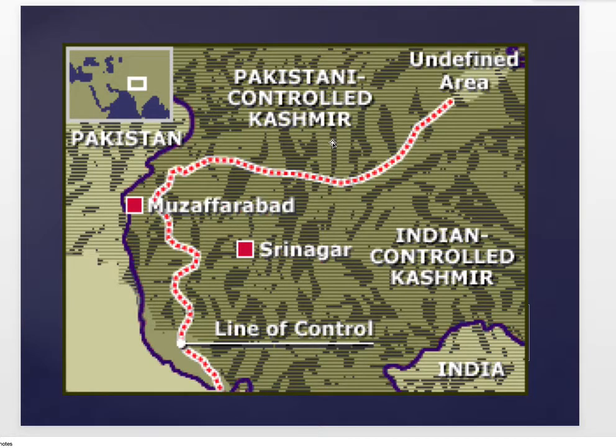Now, the situation has resulted, as you can see here, in a control line between India and Pakistan. Kashmir has essentially been split. There has been essentially two major substantial wars in Kashmir between Pakistan and India since 1947. Some would say three.